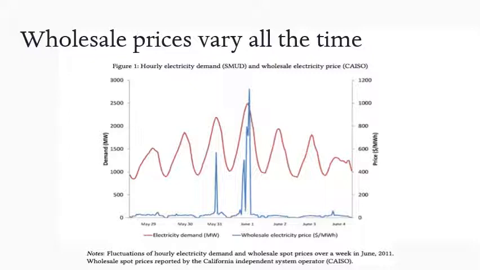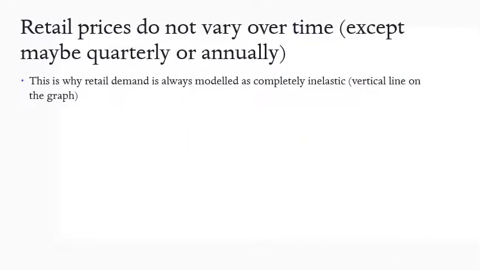Wholesale prices are going to change with the daily load or the demand. So the key takeaway here is that the wholesale prices are varying, but retail prices do not vary over time, except maybe quarterly or annually, like we just said. And this is why retail demand is always modeled as completely inelastic. We've been modeling it as a vertical line on our graphs.